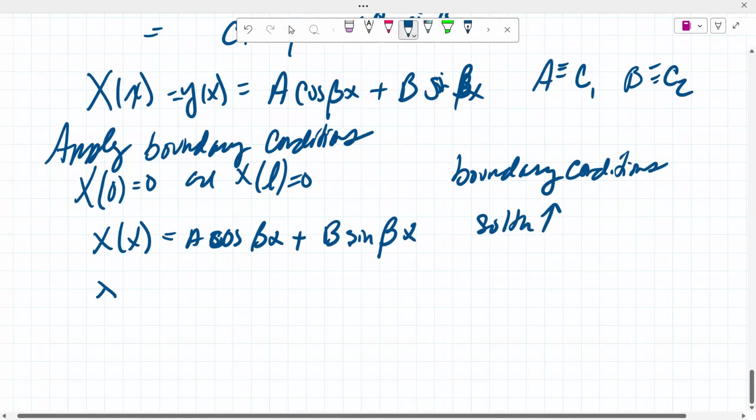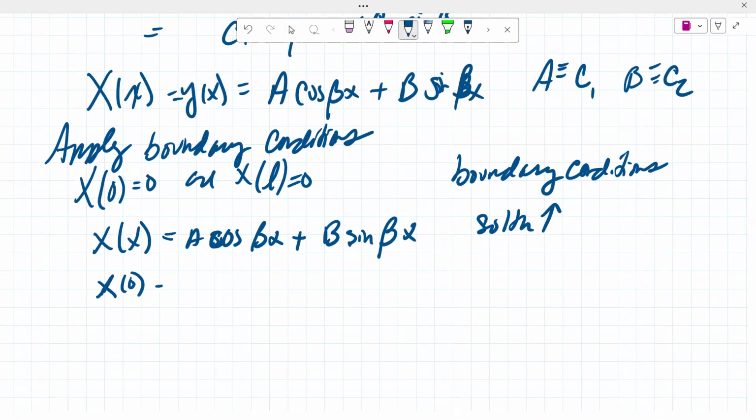And we're going to substitute in the condition, so x of 0 equals a cosine beta of 0 plus b sine beta times 0 equals 0.